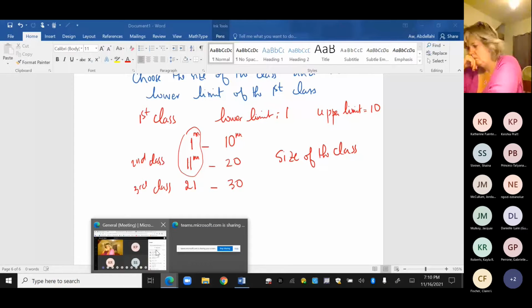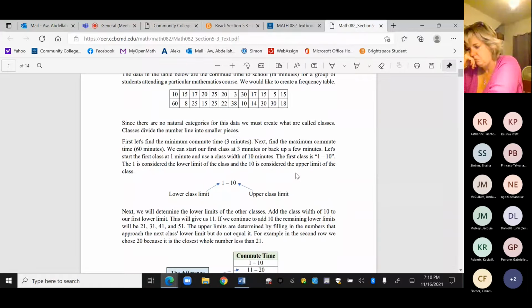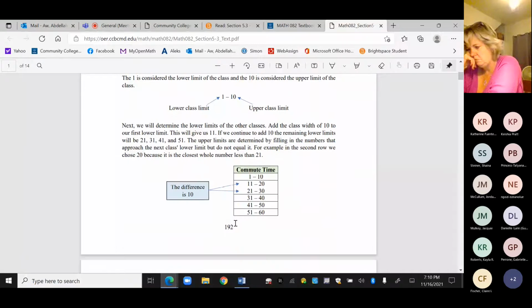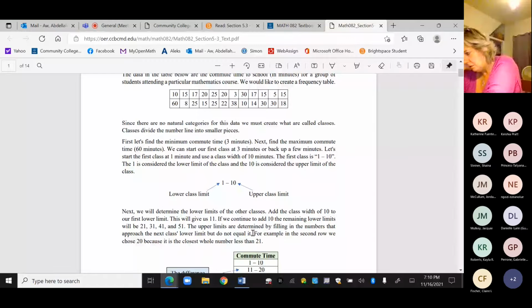Let me double check. It is the same thing. The width of the class, or the size of the class, is the same thing. It's equal to the difference between 2 lower limits or the difference between 2 upper limits, okay? So that is the width of the class.